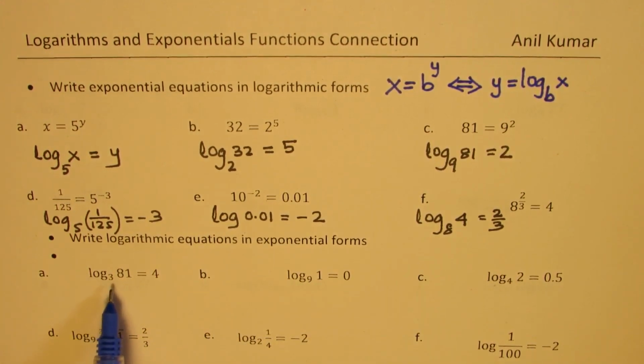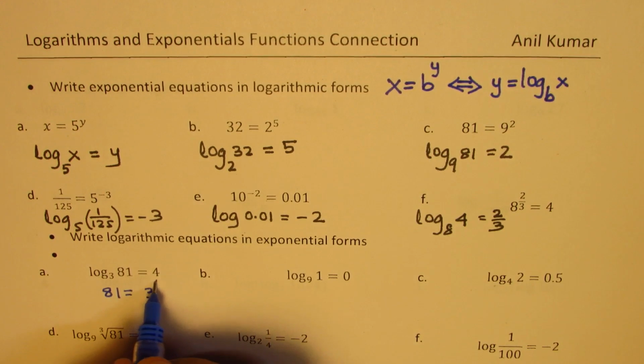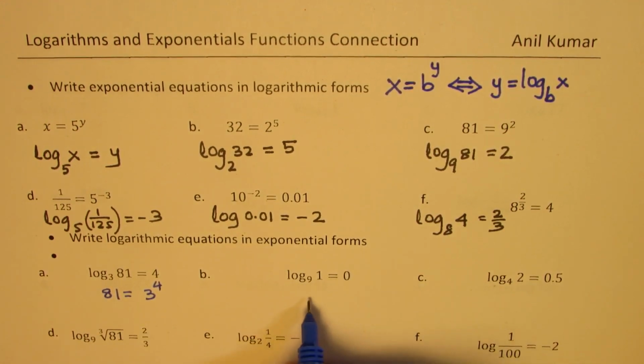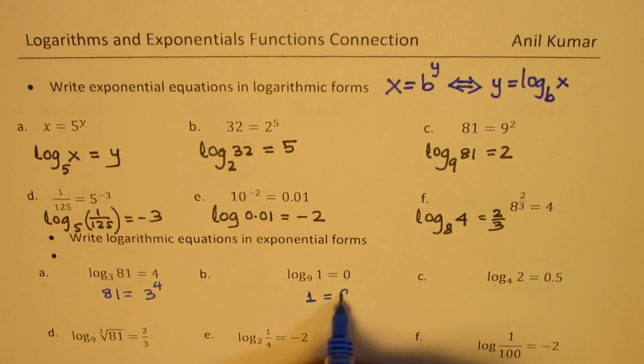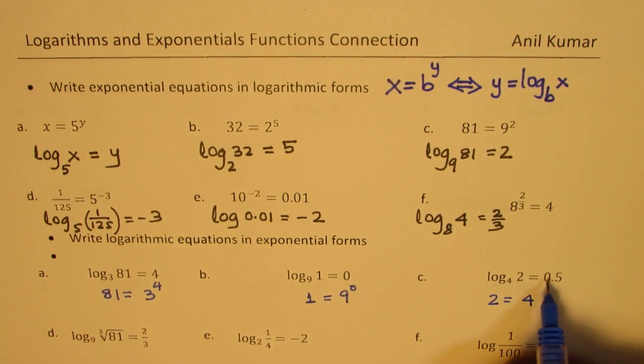We have log to the base 3 of 81 equals 4. So it becomes 81 equals 3 to the power of 4. Do you see that? This 3 remains the base. 9 is the base here, so we get 1 equals 9 to the power of 0. Here we have 2 equals 4 to the power of 0.5, or you can say square root.